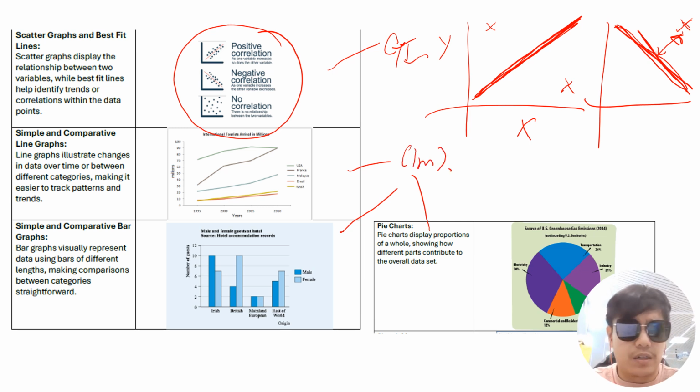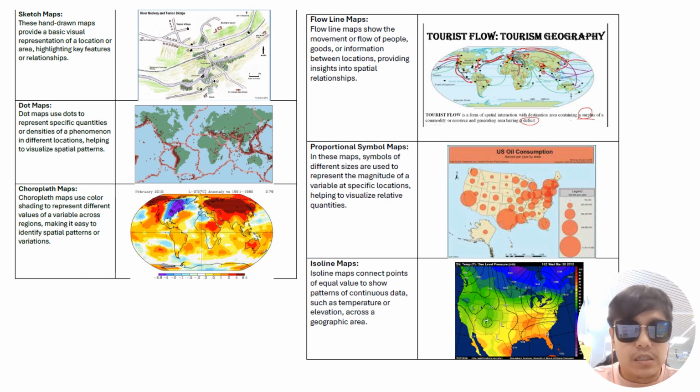You'll be given a simple question, and you may be asked to complete certain line graphs or certain pie charts. So for pie charts, remember to bring your protractor. Yes, please bring your protractor. Sometimes you may be asked to complete a pie chart. All right, so that's for that.